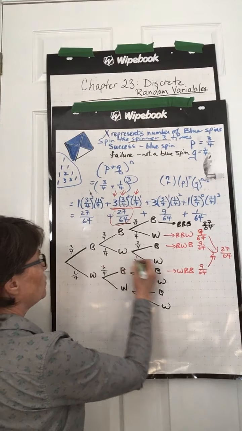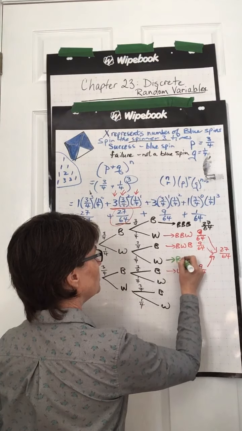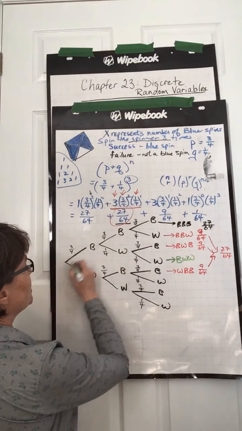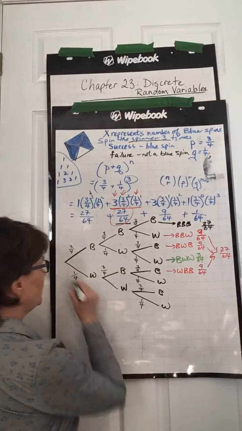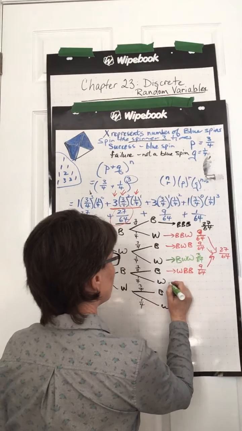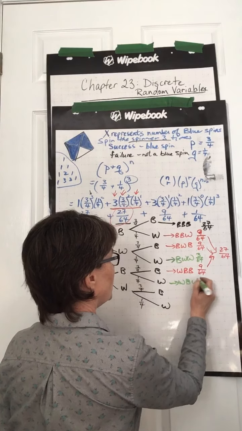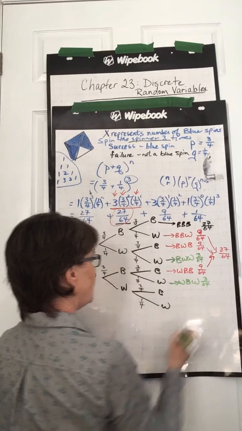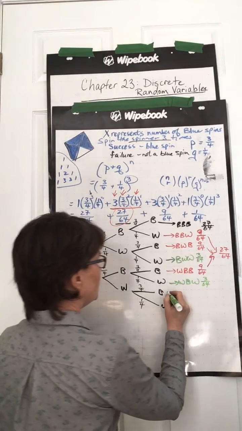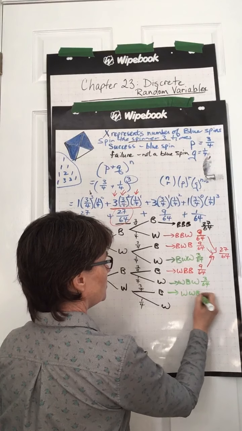Okay, so another color here. Here we have blue, white, white. If I multiply across there, we get 3 out of 64. Here we have white, blue, white. And again, multiply across, 3 out of 64. And here, white, white, blue.